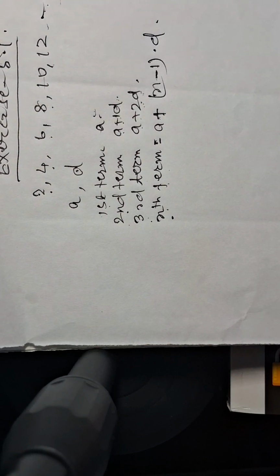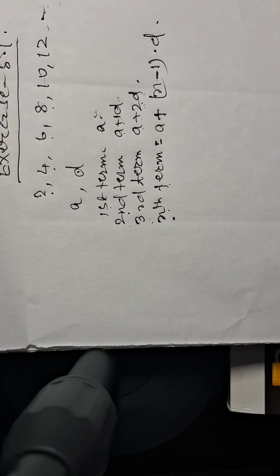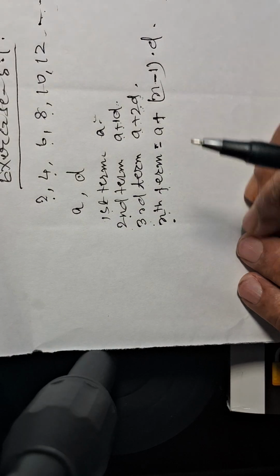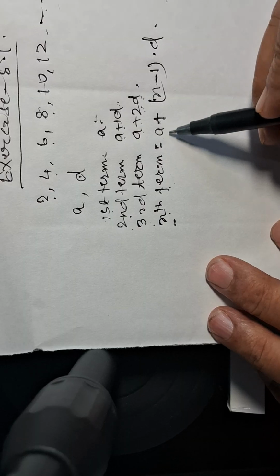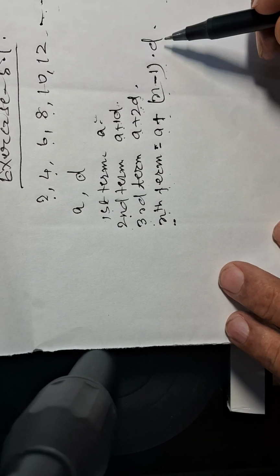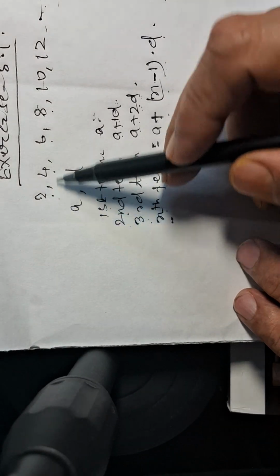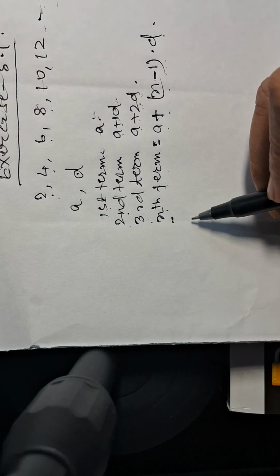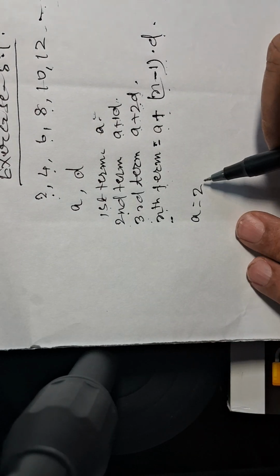The nth term could be the second, third, fourth, fifth, sixth or 100th term, as demanded. So we have to remember that the nth term is equal to A plus n minus 1 into D. From this list, first A is equal to 2, the first term.